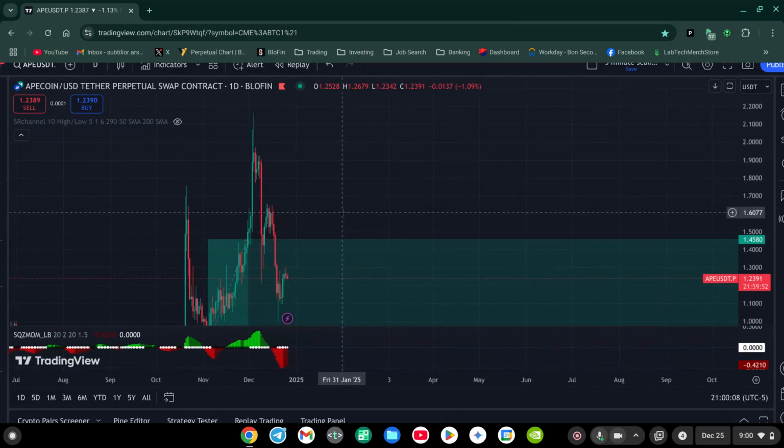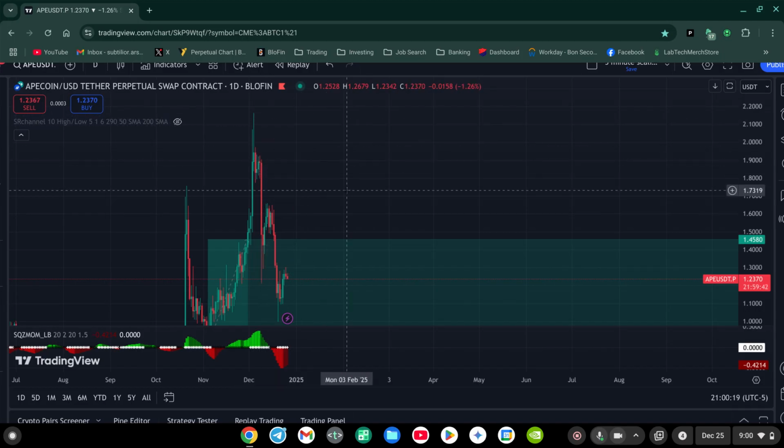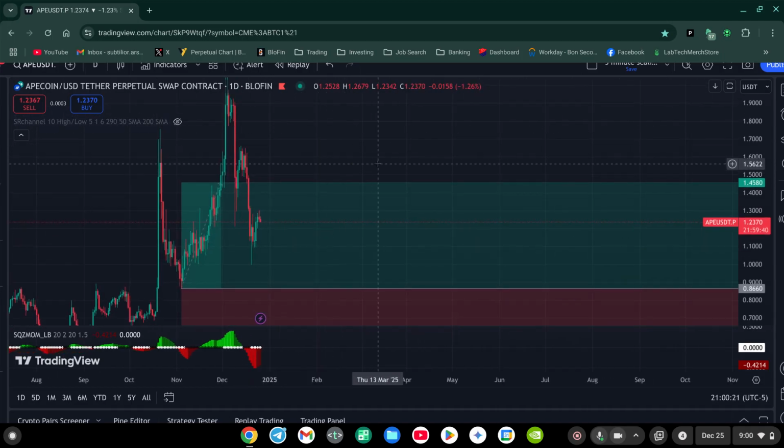Then it got up over the grid trading area for a little while, went up to 2.16 dollars or so per ApeCoin, which is great.